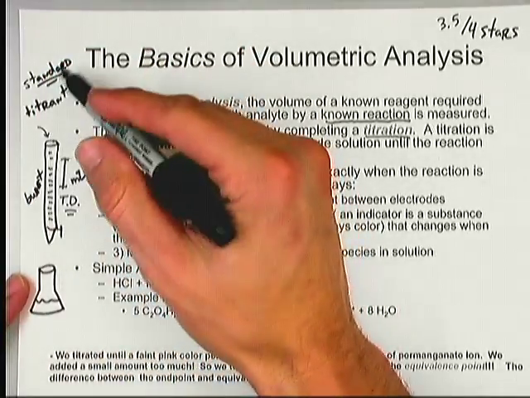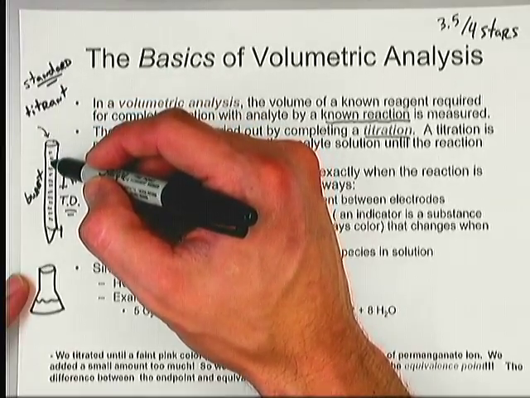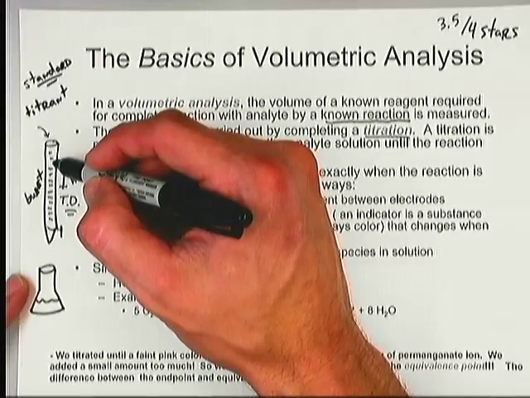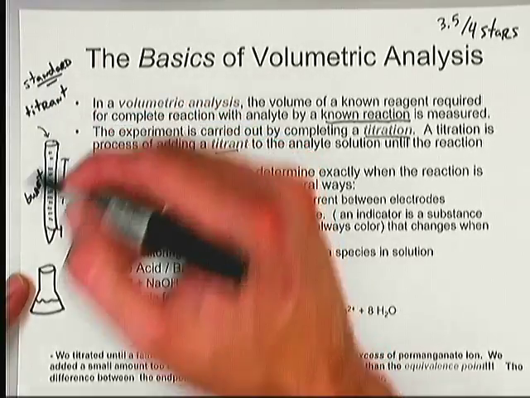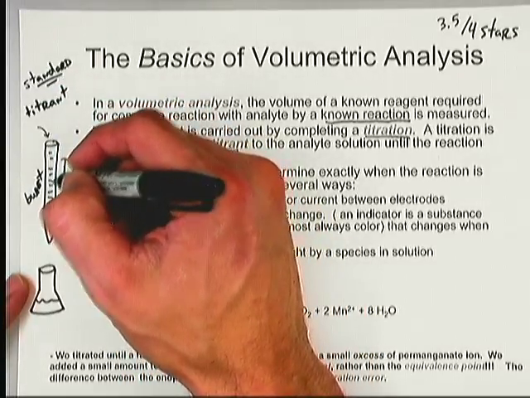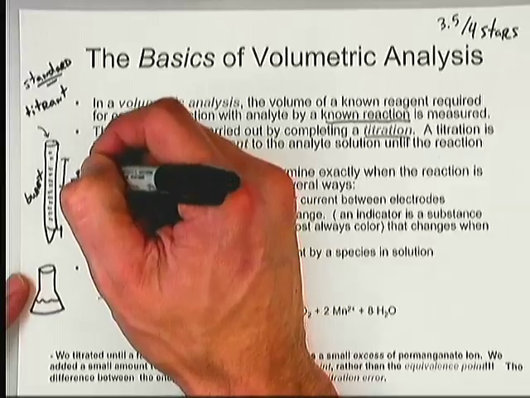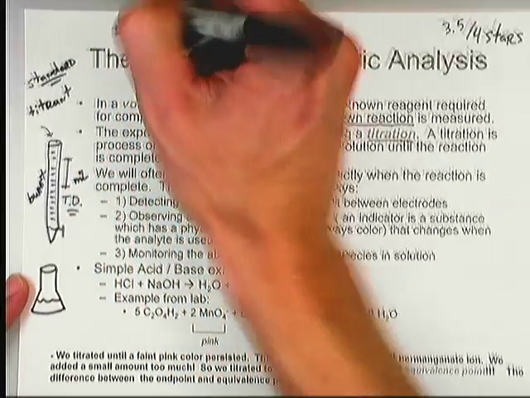What that means is that the concentration of the titrant solution inside that burette is known to a high degree of certainty. We know the molarity of this solution. So if we know the molarity of the solution and we know the volume that we dispense, we can use a very, very friendly equation.